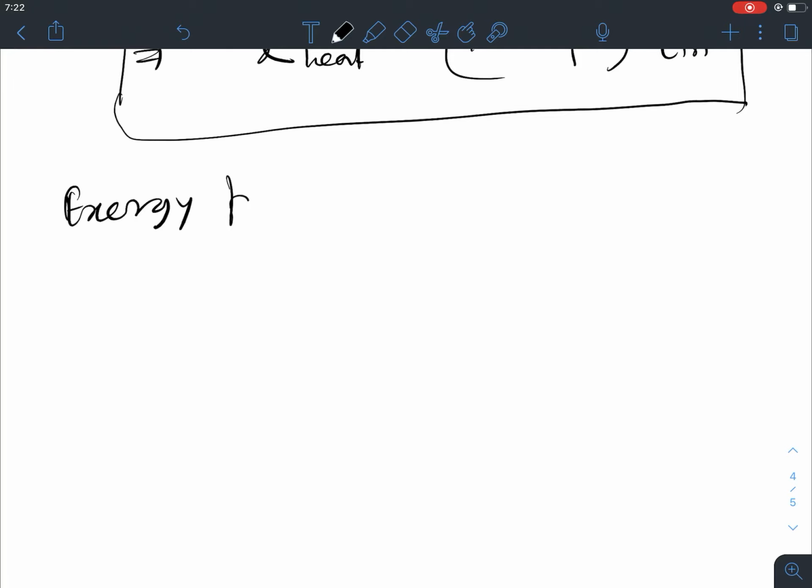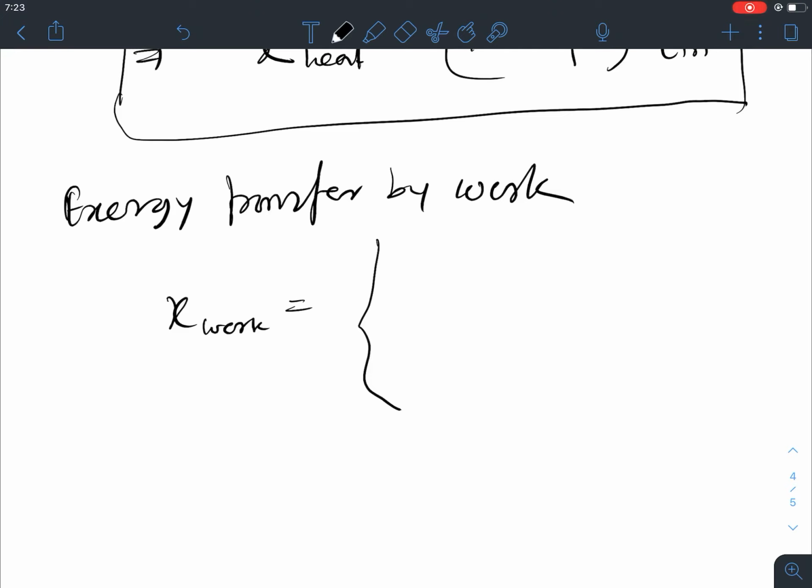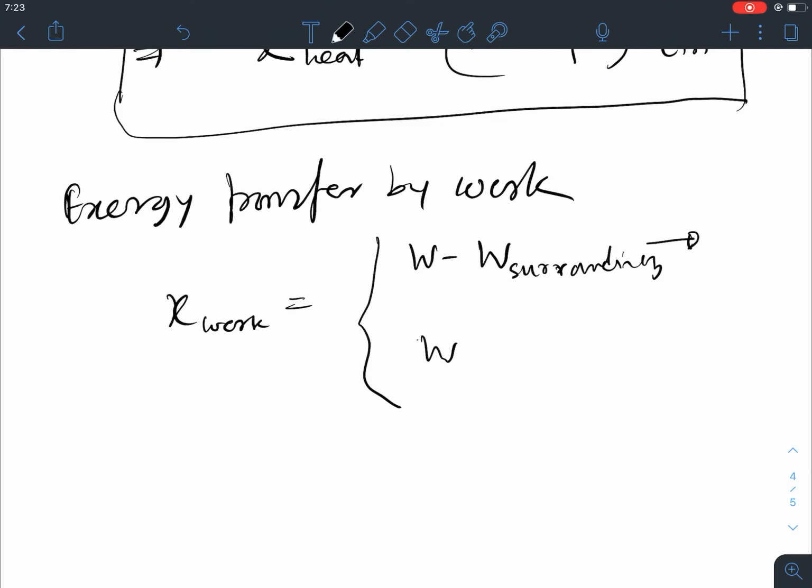Now let's take a look at the exergy transfer by work. So exergy transfer by work. What is the expression? So the exergy transfer by work, X work, equals, it can be two different forms. Number one, W minus W surroundings, and only W, right?